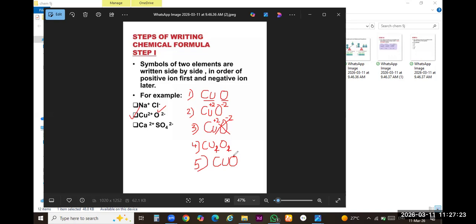Yes, miss. Formula of copper oxide is CuO. The basic reason behind this is that the valencies are the same, so no need to write the valency. These are offset. Now we will write it as it is, CuO.